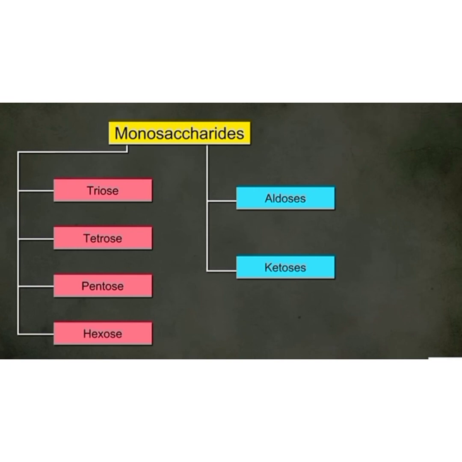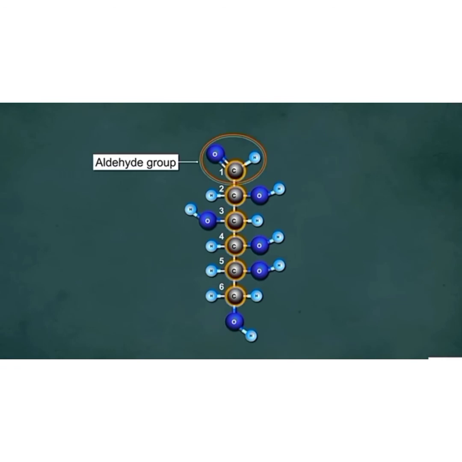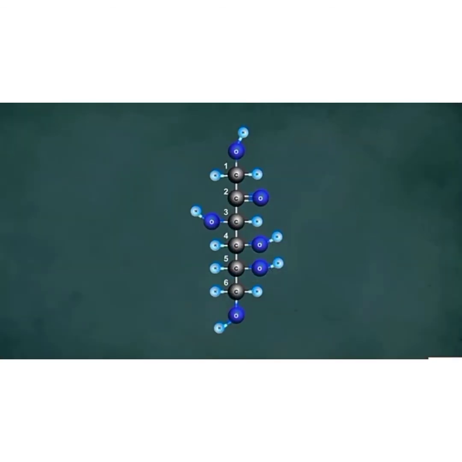Monosaccharides that contain an aldehyde group are called aldoses, while the ones which contain a ketone group are called ketoses. Therefore, if a carbohydrate contains 6 carbon atoms and an aldehyde group, it is called an aldohexose. Similarly, if a carbohydrate contains 6 carbon atoms and a ketone group, it is called a ketohexose.